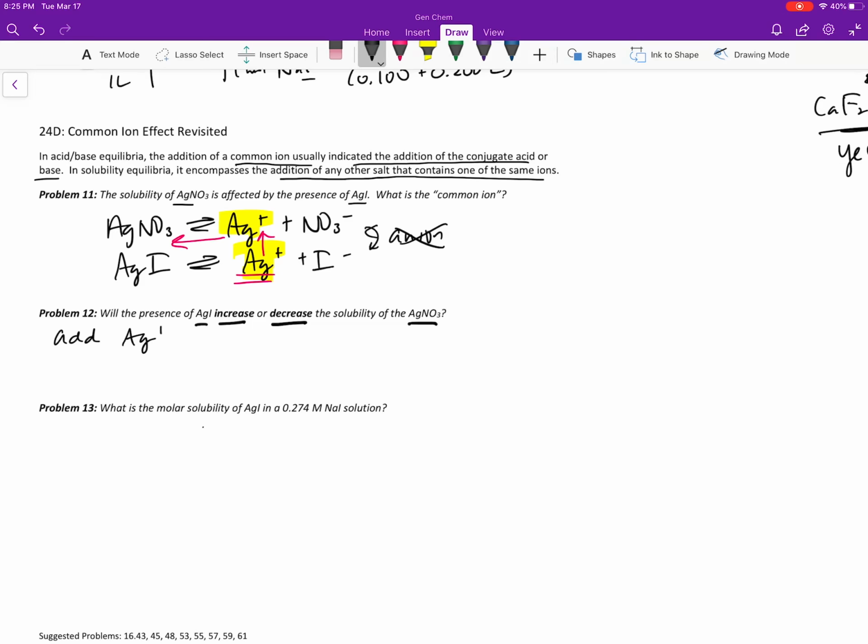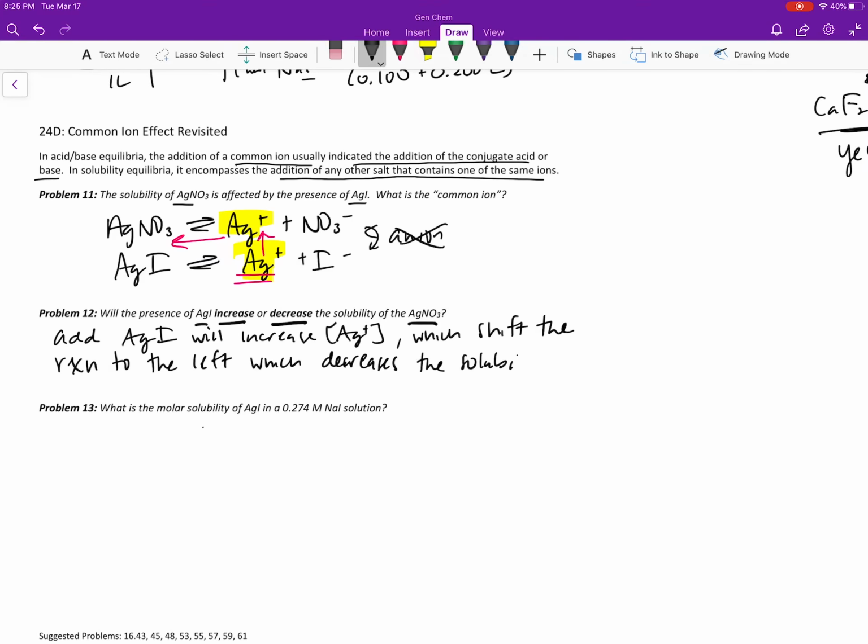So adding AgI will increase the concentration of Ag+, which will shift the reaction to the left, which decreases the solubility of AgNO3. More AgNO3 is going to stay as a solid than dissolve.